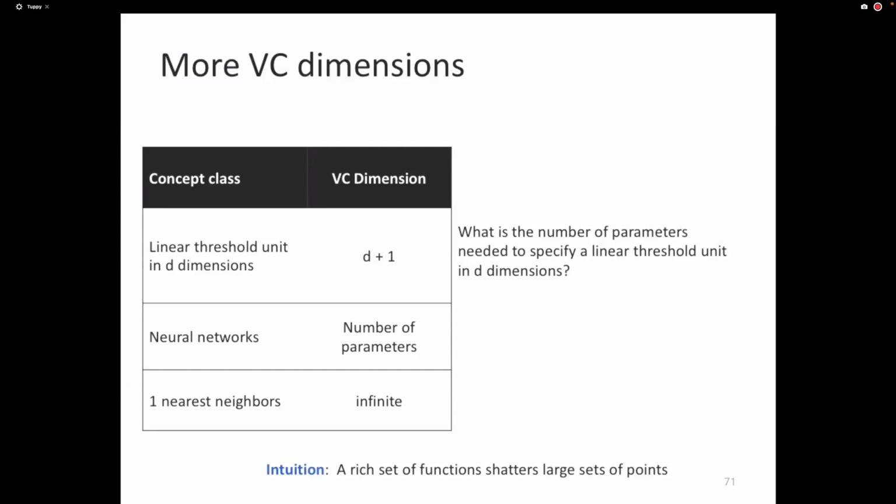If you have a D-dimensional linear classifier, how many parameters does it contain? D plus 1, right? Each feature gets 1 weight, and then there's a bias term. So for linear classifiers also, the VC dimension behaves like the number of parameters.